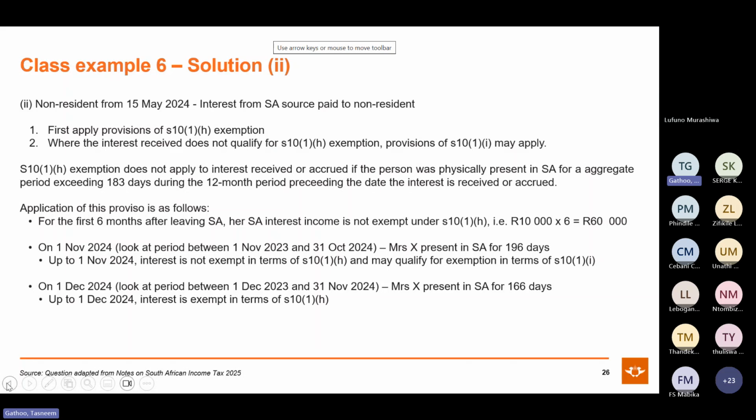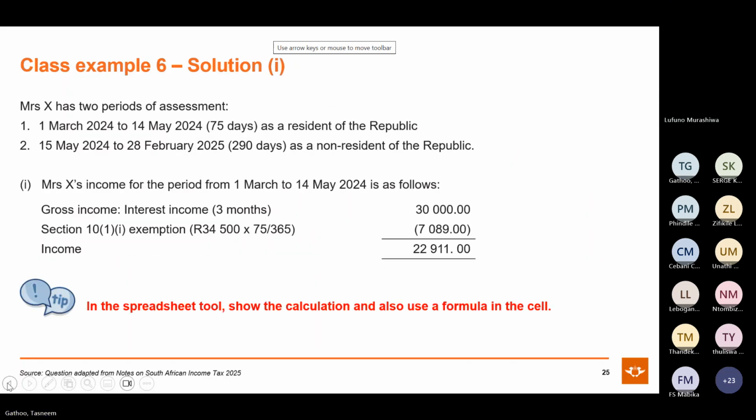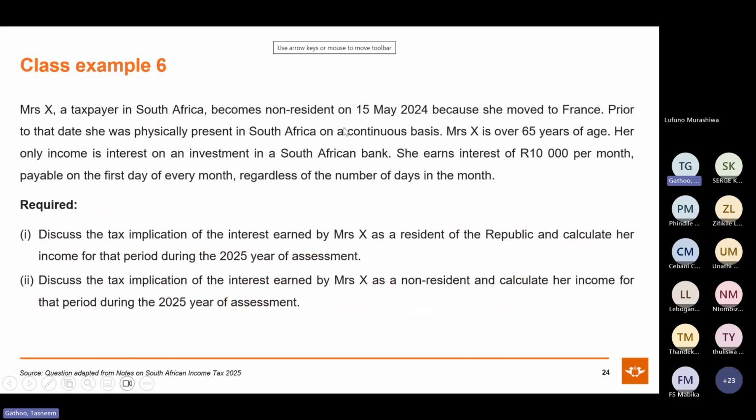So let's take it back, right? Remember, she was in South Africa on a continuous basis until the 14th of May 2024. She only left the country on the 15th of May 2024.